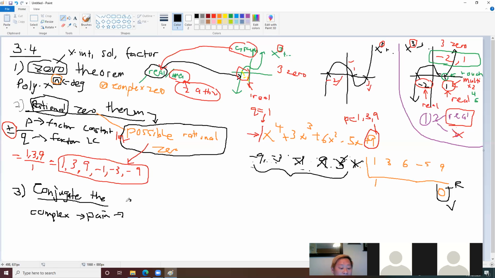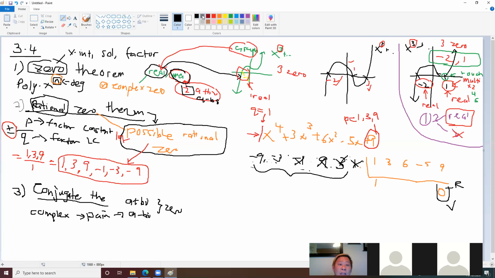So if A plus Bi is a zero, A minus Bi automatically will be a zero. That's why when you have a complex or imaginary part, it always comes in a pair, and the pair is always A plus Bi and A minus Bi.